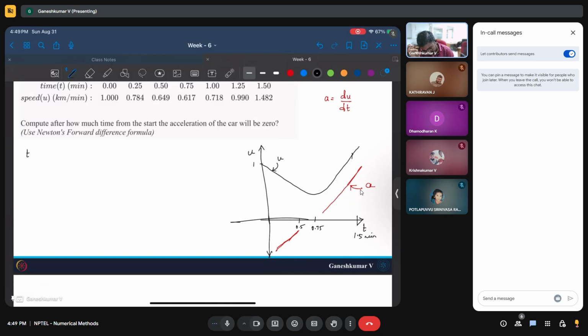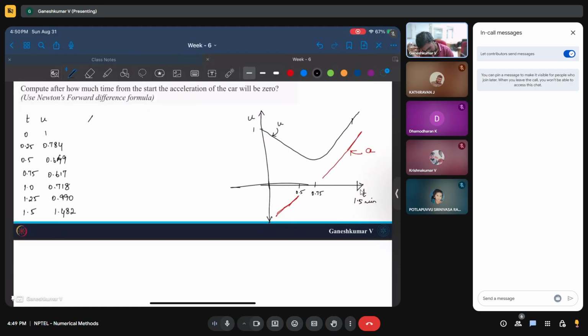You have t, you have u. t is 0, 0.25, 0.5, 0.75, 1, 1.25, and 1.5. u is 1, 0.784, 0.649, 0.617, 0.718, 0.990, 1.482. Okay, now you need to find del u.